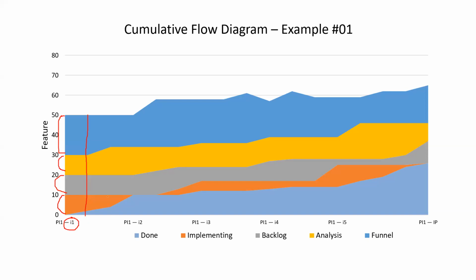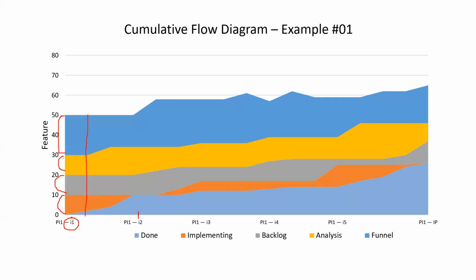Now, as we move, iteration 1 and iteration 2 are here. As we start moving, which means 2 weeks, we are assuming a 2-week sprint. If it is a Kanban report, it might show days on the x-axis, so nothing to worry about. As we start moving along the x-axis, what happened here?